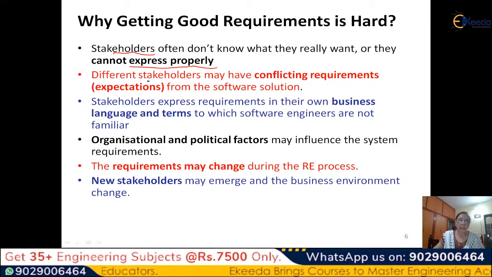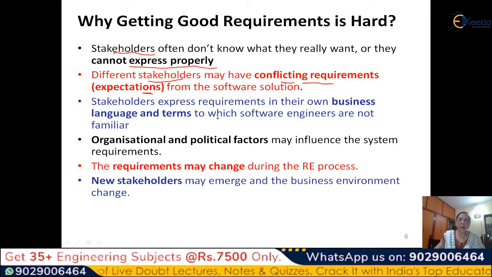And not only that, the different stakeholders may expect something different. Their expectations may be different. They may have conflicting requirements. Then we have to do some negotiations. We have to put them together, and we have to make them understand. Unless the software engineer understands each one's requirement, you cannot do this. So that is another difficulty in getting the requirements.